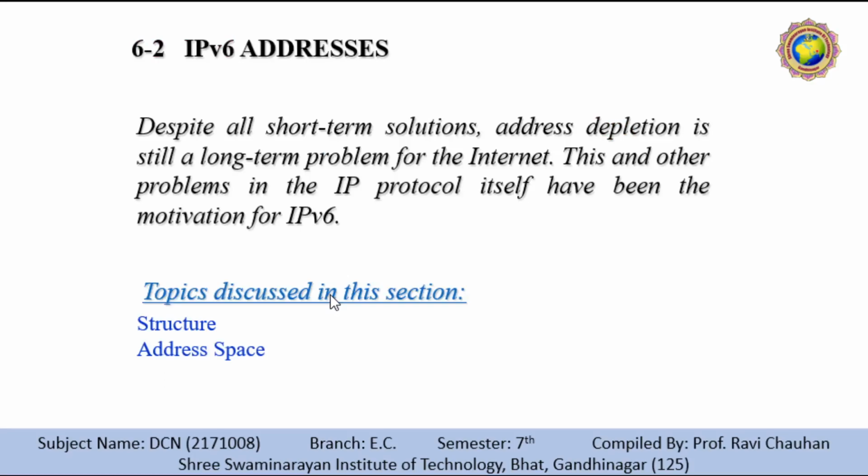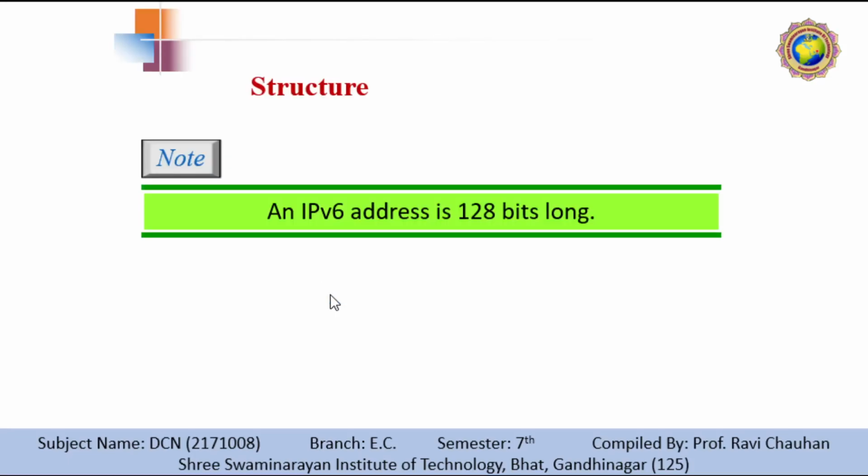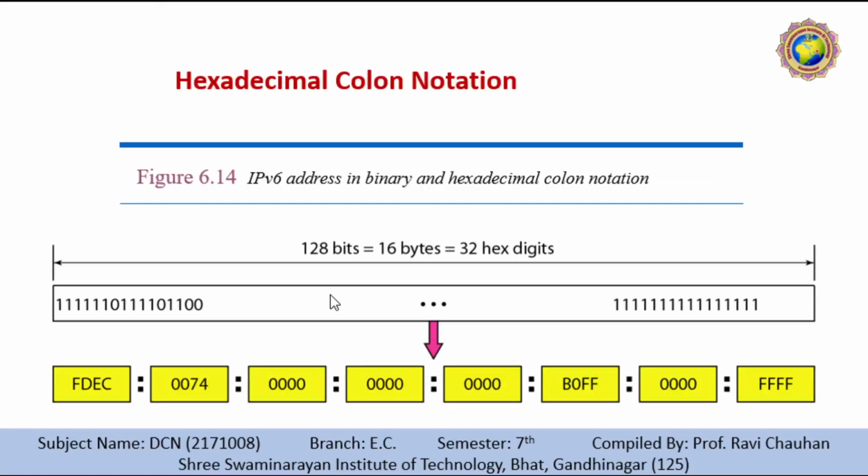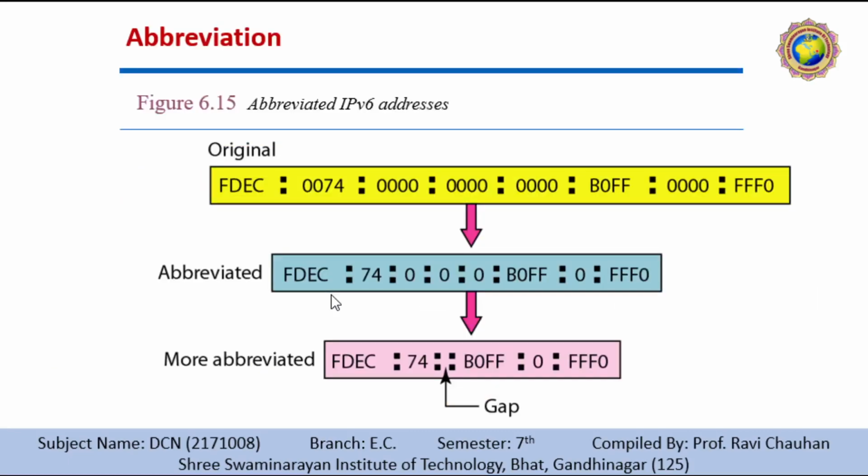And IPv6 was introduced in this section. The size of an IPv6 address is 2 raised to 128 bits. Eight hexadecimal sections separated by colons are used in IPv6 addresses. After that, different abbreviations: consecutive zeros can be converted to two colons, and leading zeros can be eliminated.